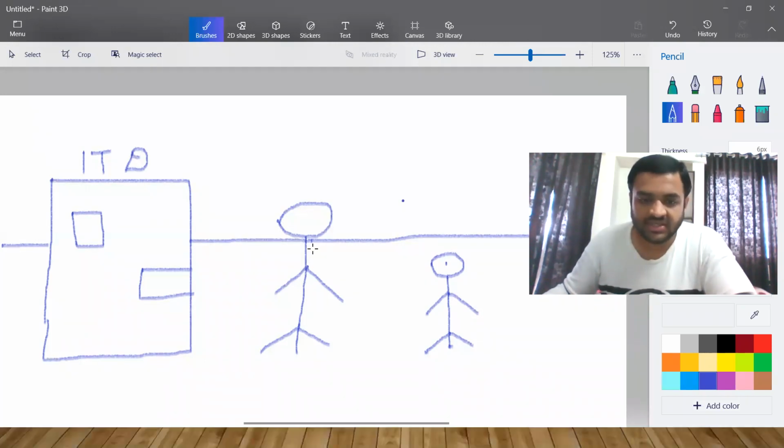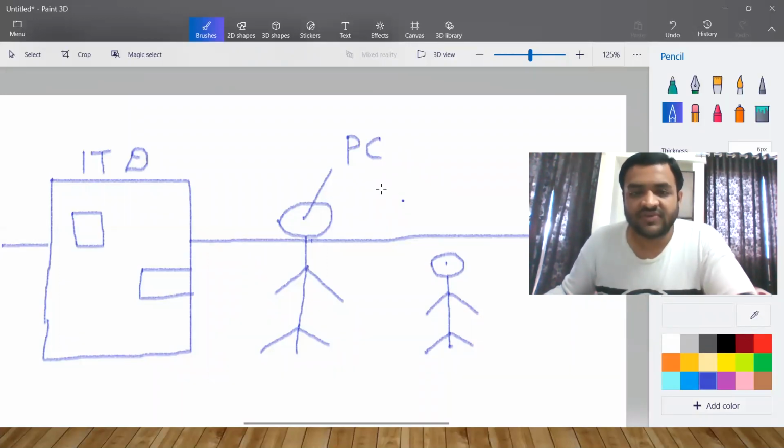Okay, so this is a physical control. This is a physical access control. After he convinces the security guard that he is a member of the organization and must be allowed access to the IT department, then he will go into the IT department.